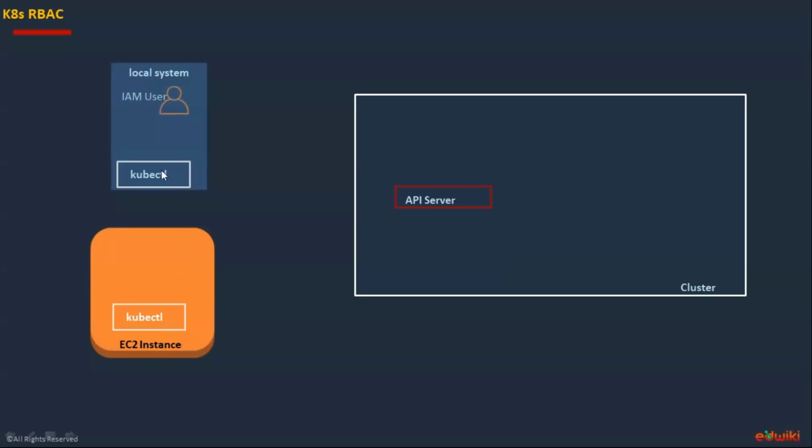If the kubectl is being used in your local system, then in most cases you will be using the IAM user credentials like the access key and the secret access key in order to generate the kubeconfig file that the kubectl will be using for authenticating with the API server.